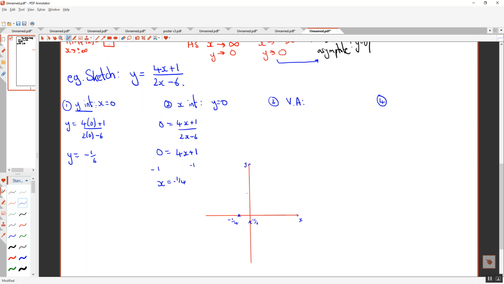Which part do we let equal 0 for the vertical? How do we work out the vertical asymptote? Figure out what x would make that not work.